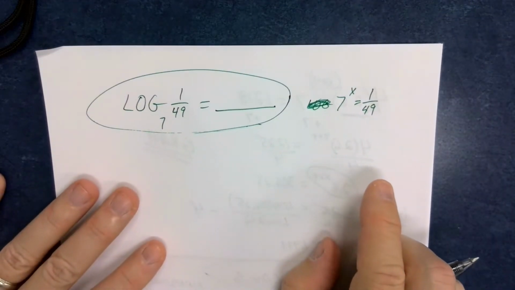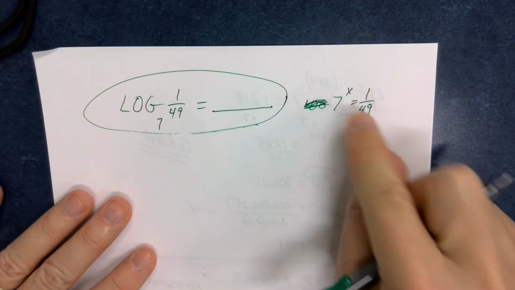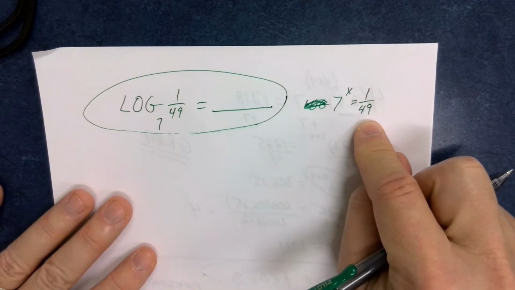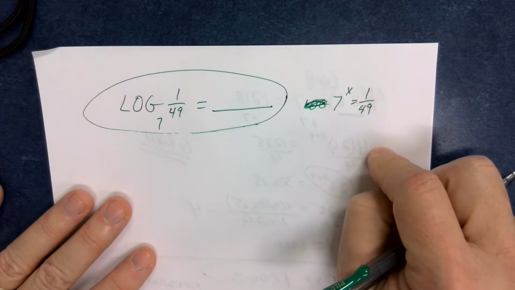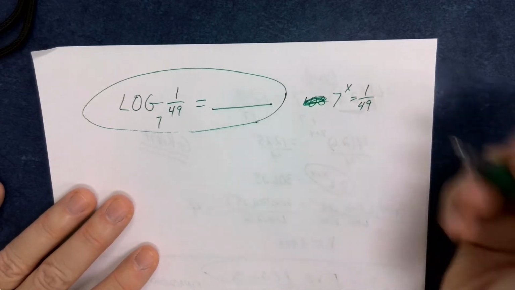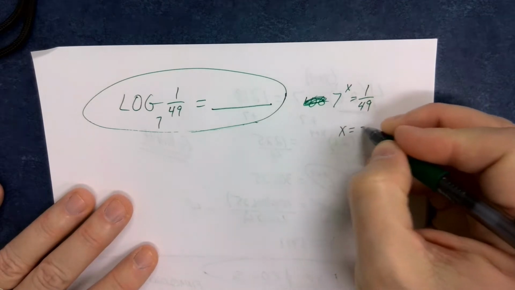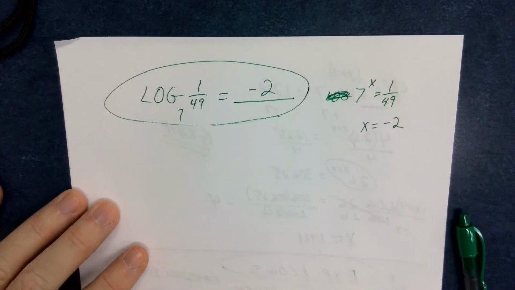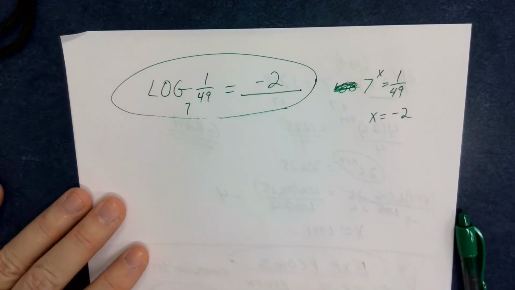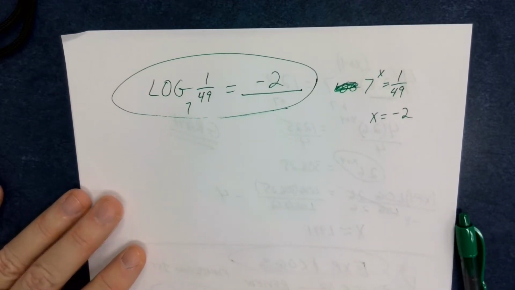And you would go, well, I know 7 squared equals 49, right? How do I get the 49 downstairs? Negative exponent, right? So we know that x must equal -2. Is that good? Everybody feeling okay about that?